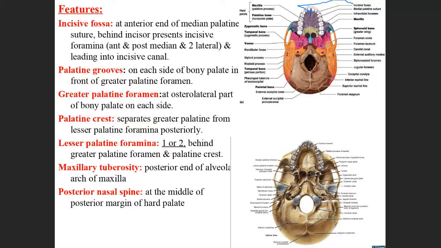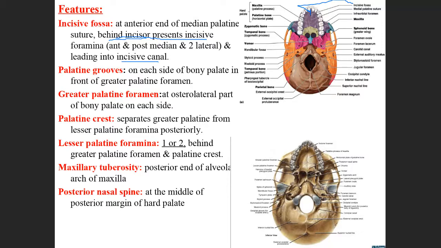So what structure passes through it? It is behind the incisor teeth. It is also called the incisive canal.